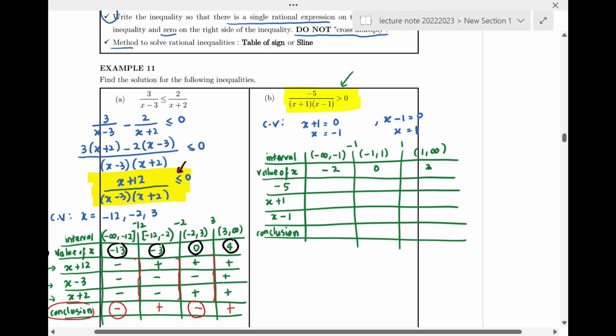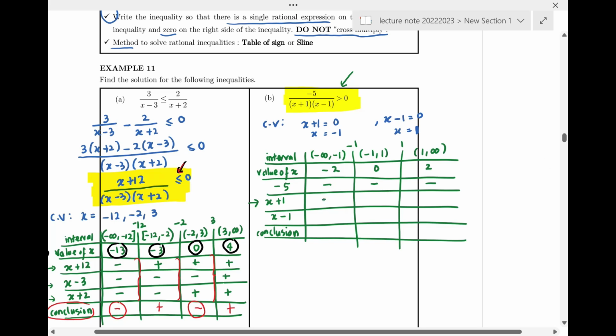It's up to you. For negative 5, it's always negative. You will not put any value into negative 5 because you cannot put anything into it, so it will always be negative, negative, negative. By using your calculator, as I showed you earlier, you key in x plus 1 and substitute negative 2, 0, and 2 to get the sign.